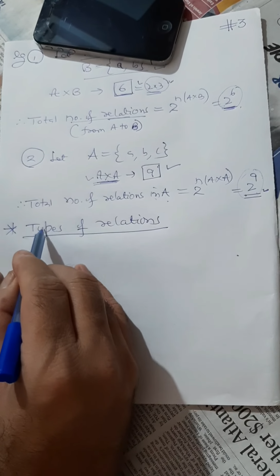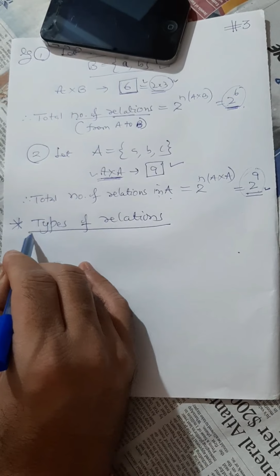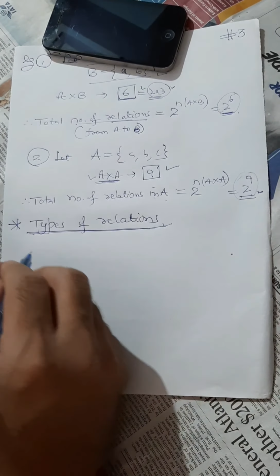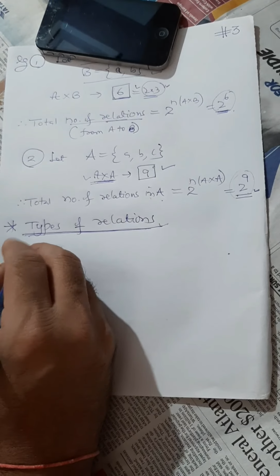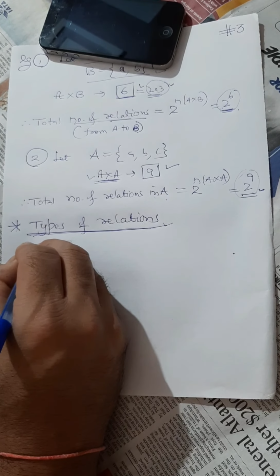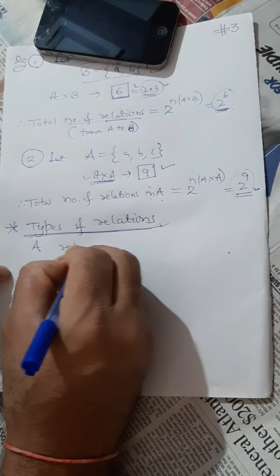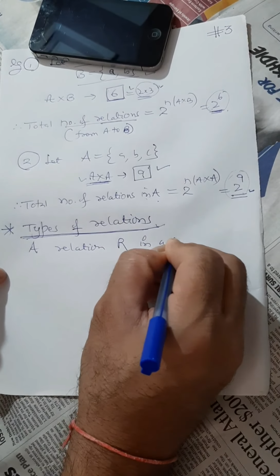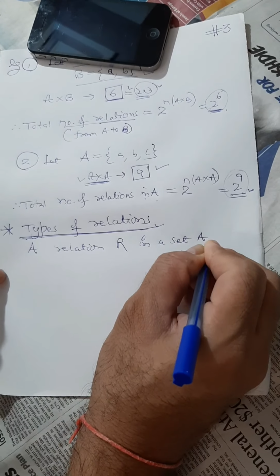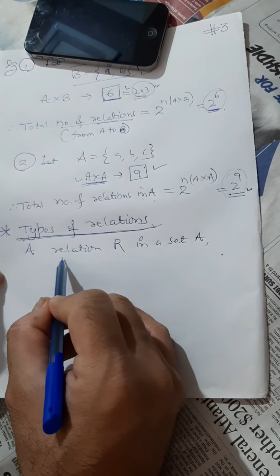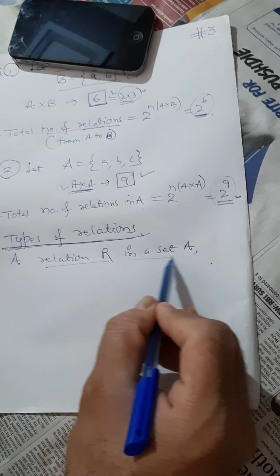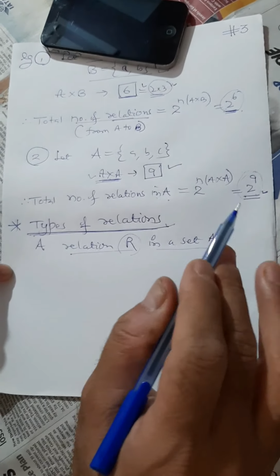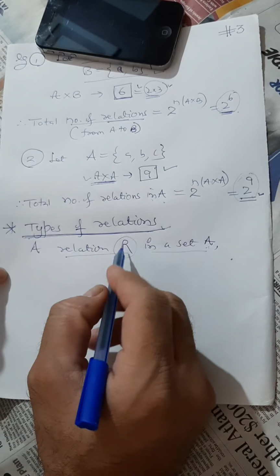Now next, this is the actual beginning of this chapter. That's about types of relations. So we start with a relation R in a set A. Now when I say a relation R in a set A, it means R is a subset of A cross A. That is just for information.